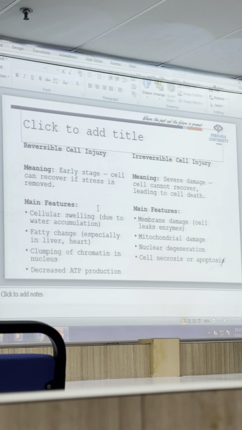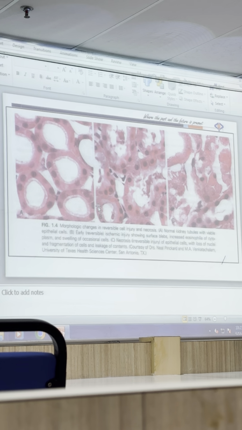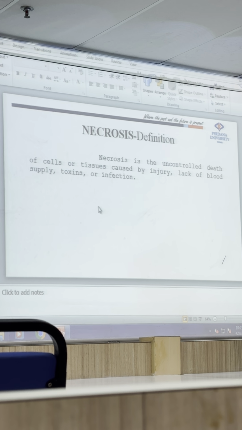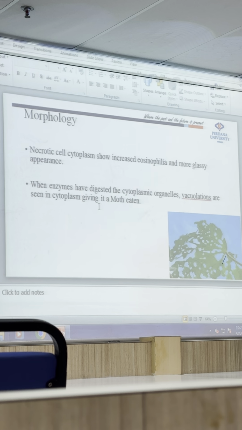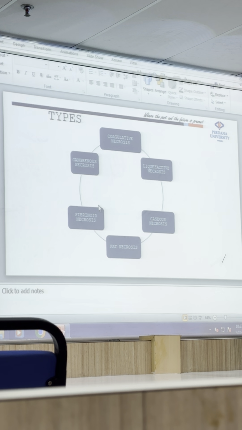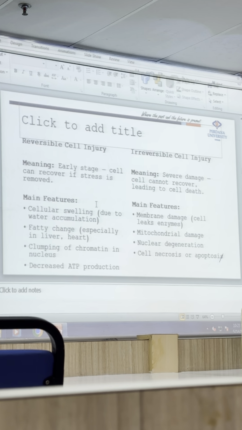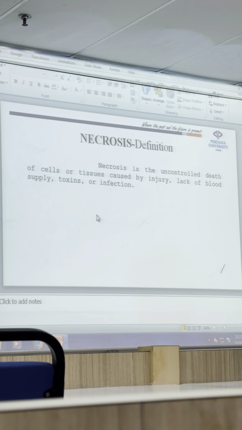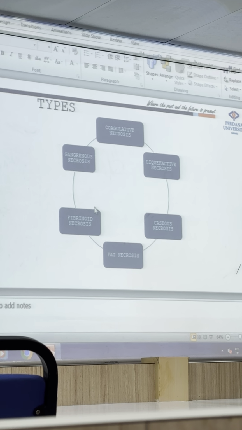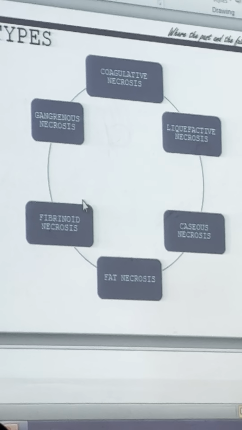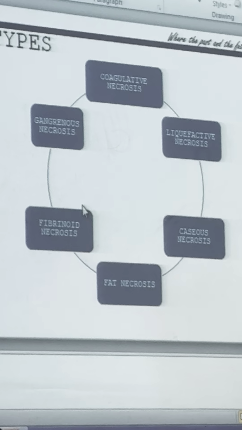Okay, let's go further. Necrosis: definition and types of necrosis. The definition is in your first slide, and these are the 6 types of necrosis, and you should be able to write at least one sentence about each type.